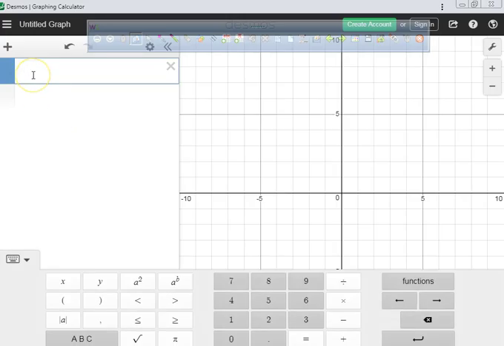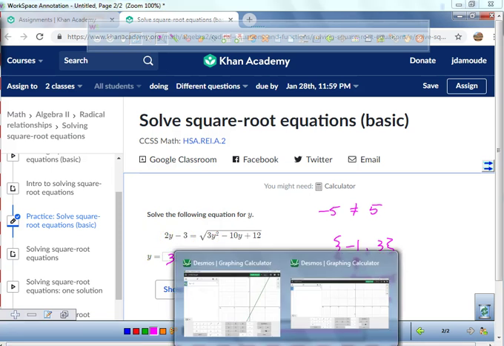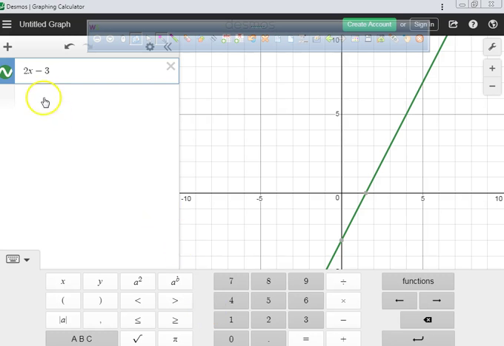I want you guys to type in 2, instead of 2y, type in 2x minus 3, like that. So instead of it saying 2y minus 3, do 2x minus 3. Okay? And then in Desmos, type in the square root. So we've got to find the square root symbol.